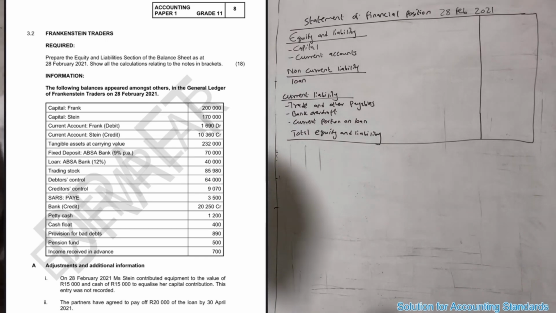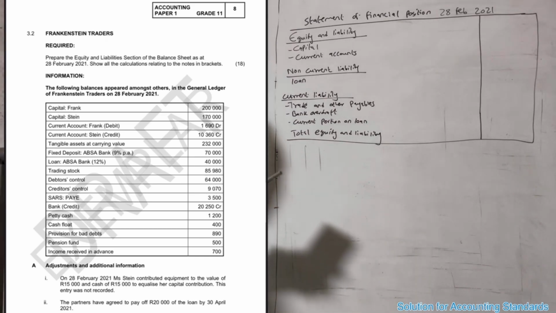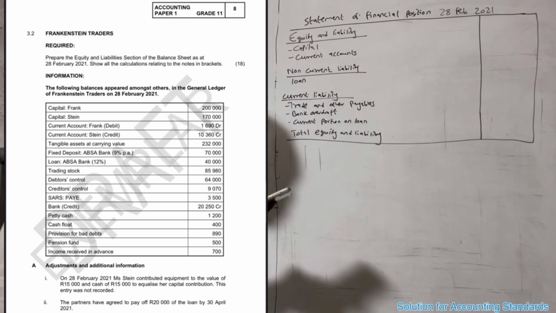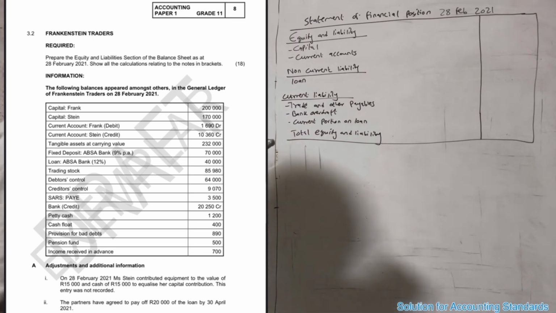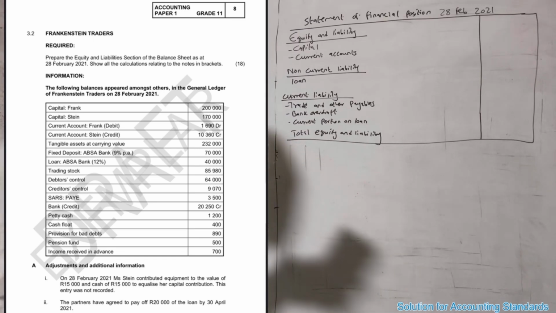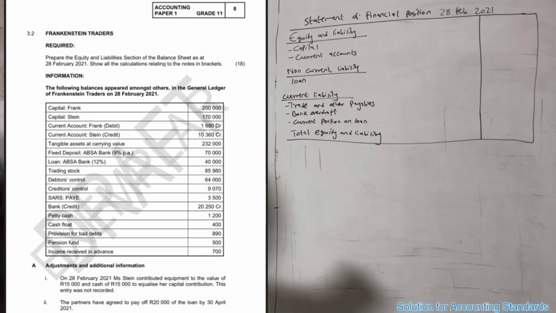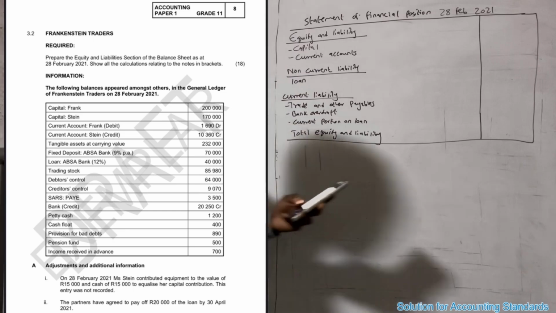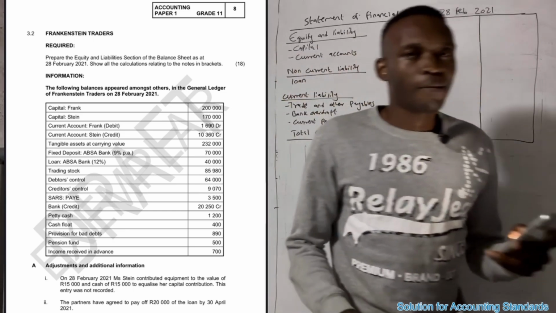We also have two adjustments that we have to read. Adjustment number 1: on 28 February 2021, Mrs. Stein contributed equipment to the value of 15,000 and cash of 15,000 to equalize her capital contribution. In other words, guys, she contributed 30,000 in capital. Why?